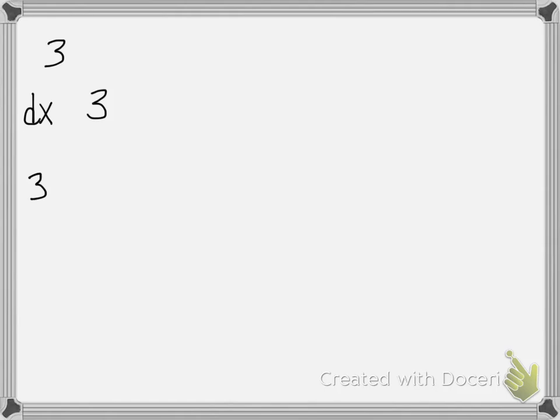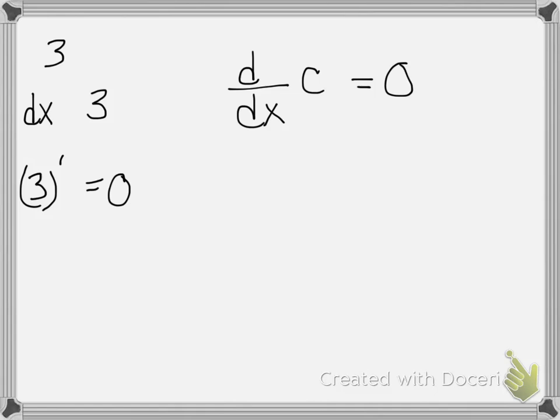Another way to write the derivative is 3 prime, and that is going to be equal to 0. Alright, and that's because we have a little rule saying that d dx of a constant is going to be equal to 0.